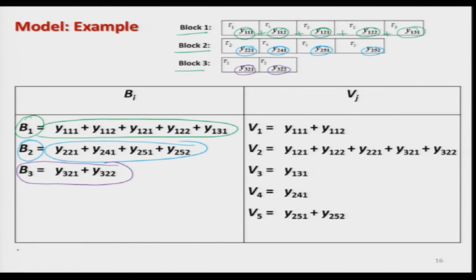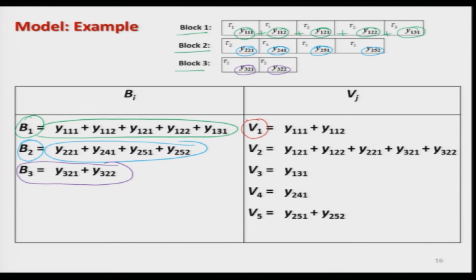Now, I come to the treatment totals. Treatment totals are given by those observations which are getting a particular treatment. For example, consider V1. V1 is the total of all those observations which are getting the treatment number 1 in the entire design.